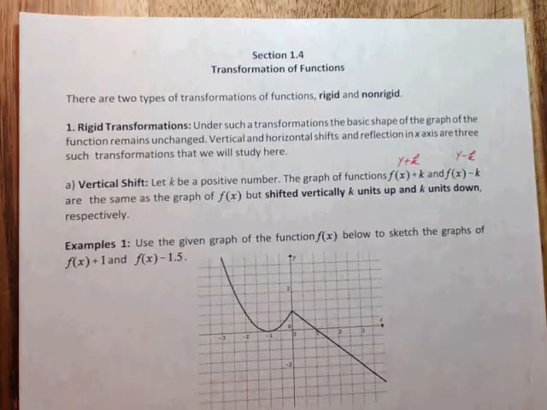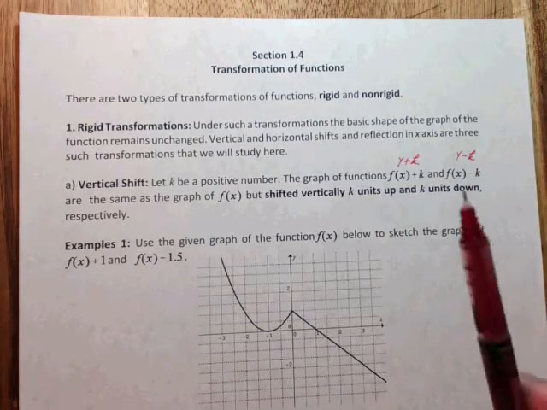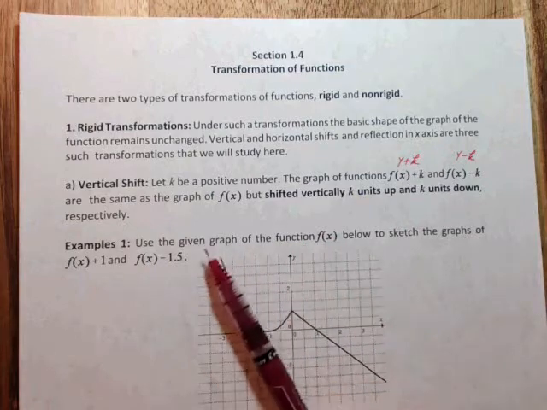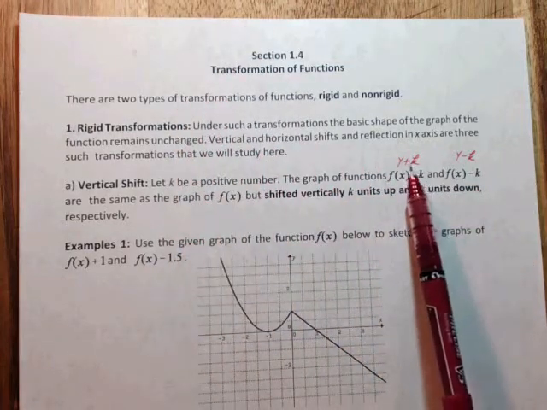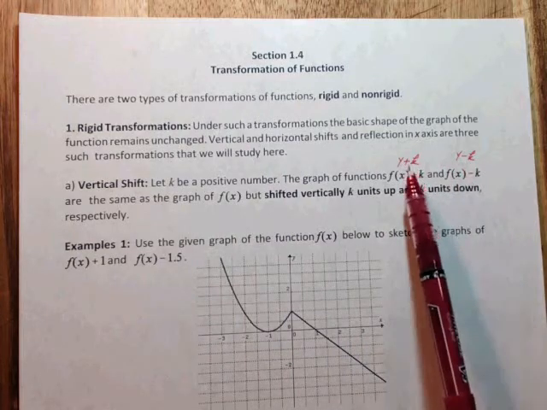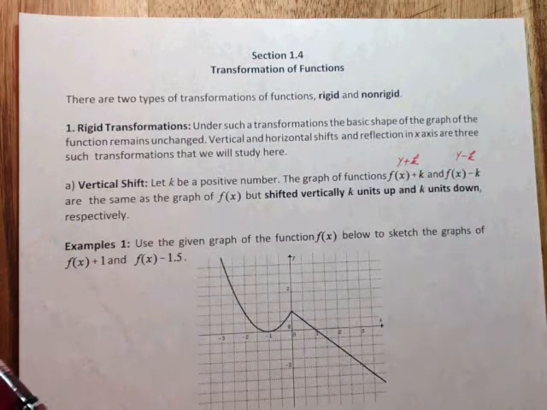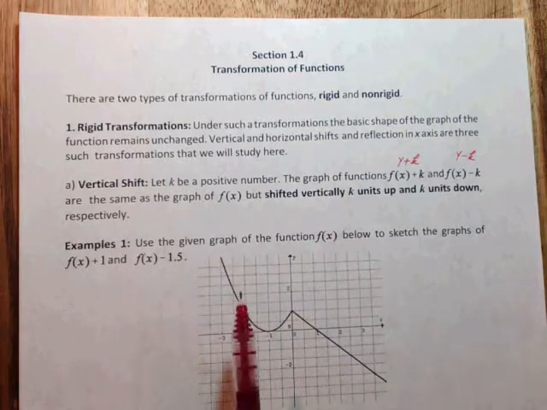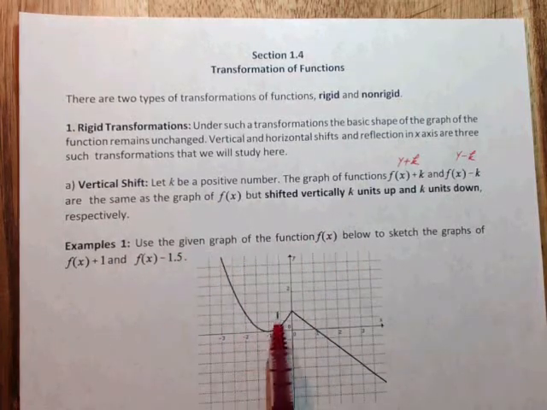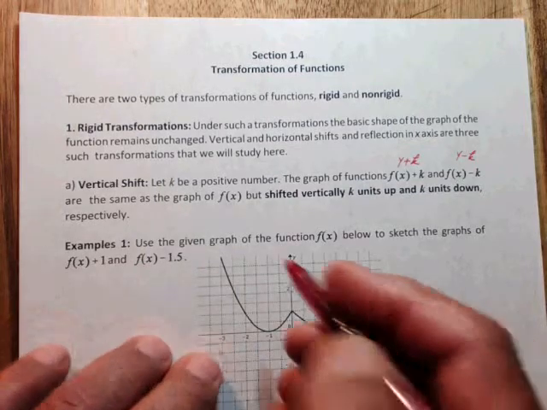So if we do that, what happens to the graph of the function? In this case, the graph of the function moves up or moves down, according to either plus k or minus k, by k units. For example, example 1: let's say this is the graph of the function f of x.